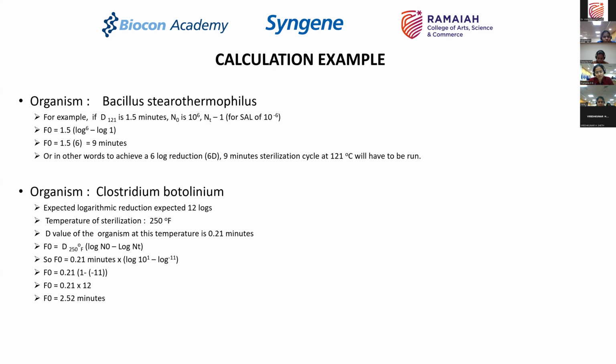And you don't know what different kinds of microflora are there. You might have profiled the micro profile of your factory and might not have found anything tougher than Bacillus stereothermophilus. So you will use Bacillus stereothermophilus as your sterility assurance factor on a biological indicator.